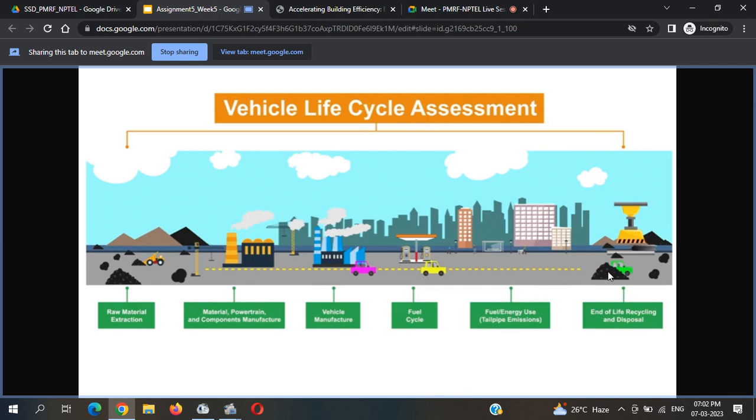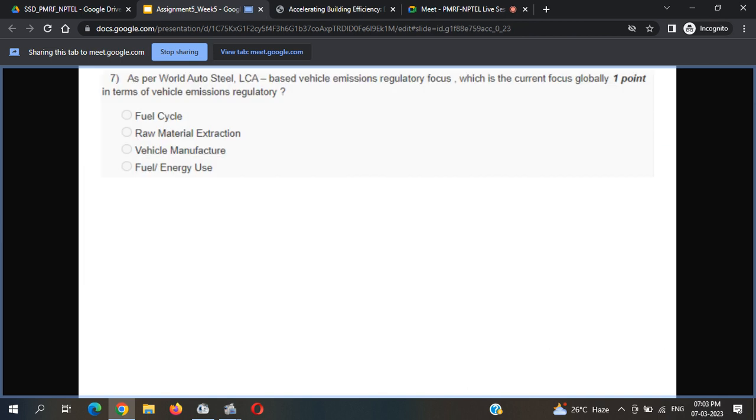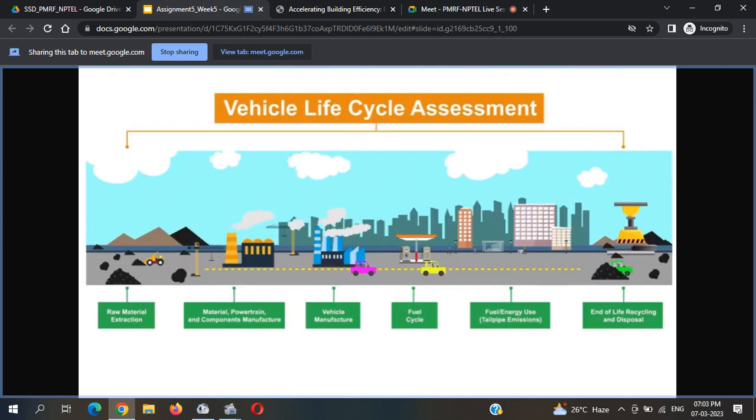And then at the end of the vehicle's life cycle, it is then recycled for scrap material from the vehicle. So this is the life cycle of the vehicle, and these are the different stages which have been mentioned in the question as different options.